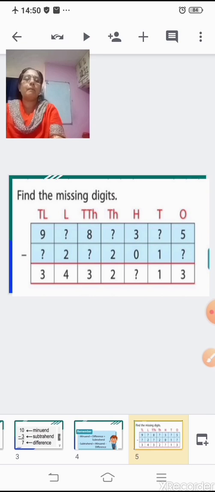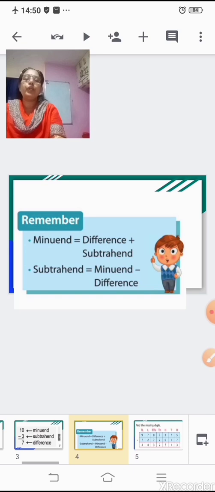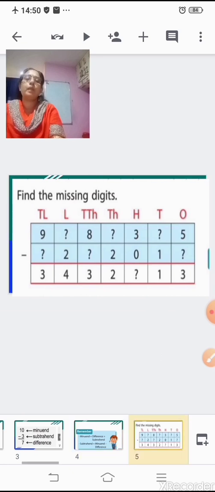Here you have to find the subtrahend, which is always minuend minus difference. Your minuend is 5 and your difference is 3. Now 5 minus 3 is 2, so your answer is 2.